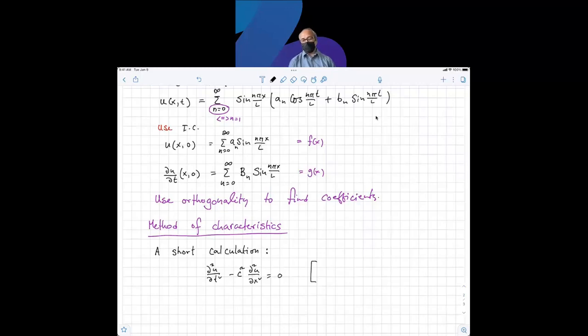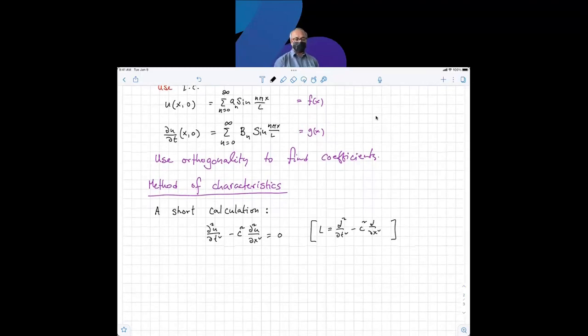Just for curiosity, I will write down the operator. So that is the operator for the wave equation. And then, okay, it is the same as if I just write the operator.